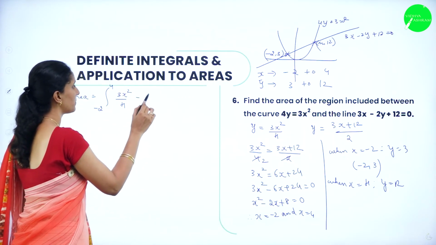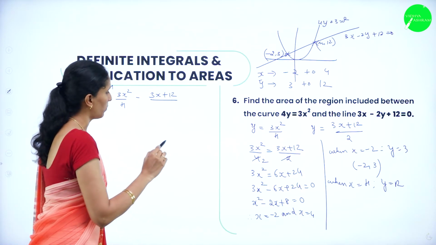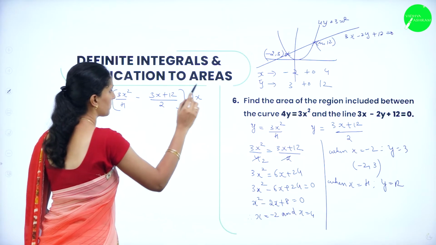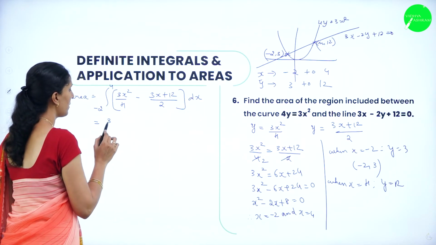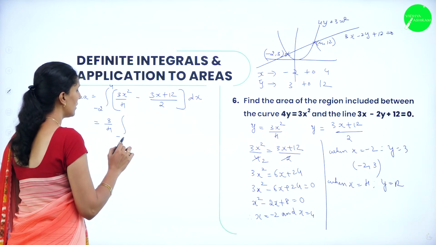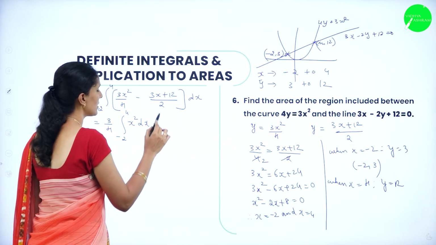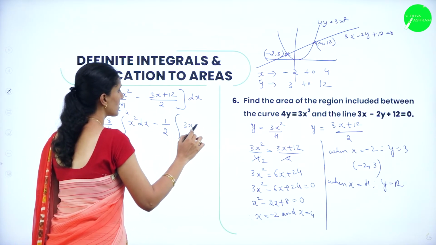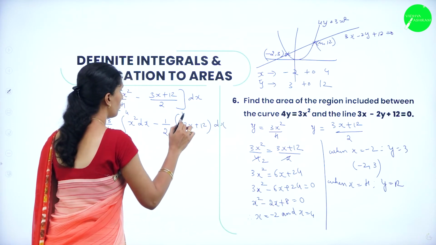So minus (3x plus 12) divided by 2 into dx. Now let me evaluate this integral. I'll take 3 by 4 outside. Integral minus 2 to 4 x square into dx minus, here you can take half outside, integral (3x plus 12) into dx. That is again minus 2 to 4.